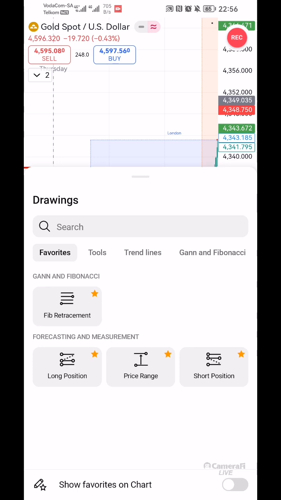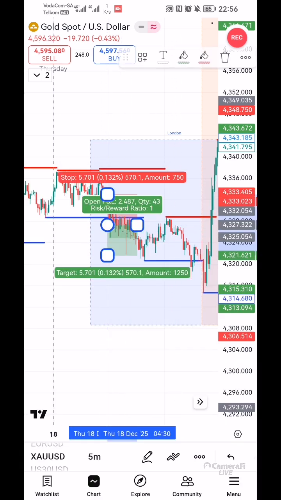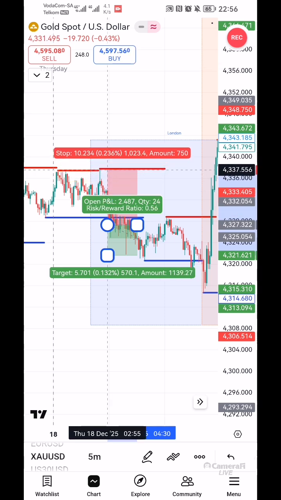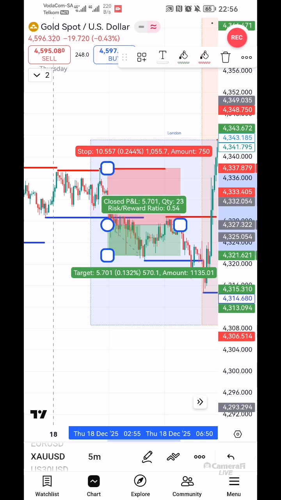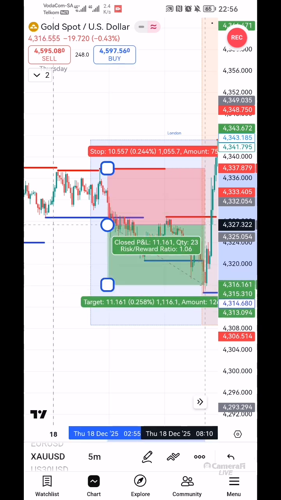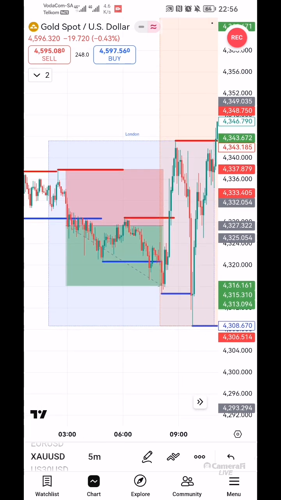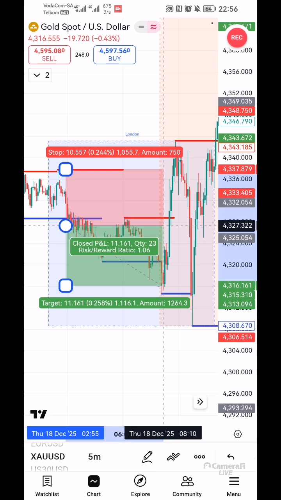So you were going to enter here your sell entry, and then your stop loss is supposed to be above your resistance, as you can see, and then you try to take your 1-to-1. Like I said, as you can see here, there was going to be a win day. Simple in and out, guys.